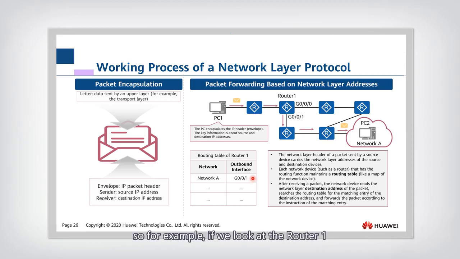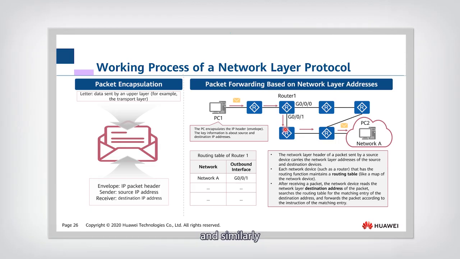For example, look at router 1: for a packet whose destination belongs to network A, the table tells router 1 to forward this packet to this outgoing interface.